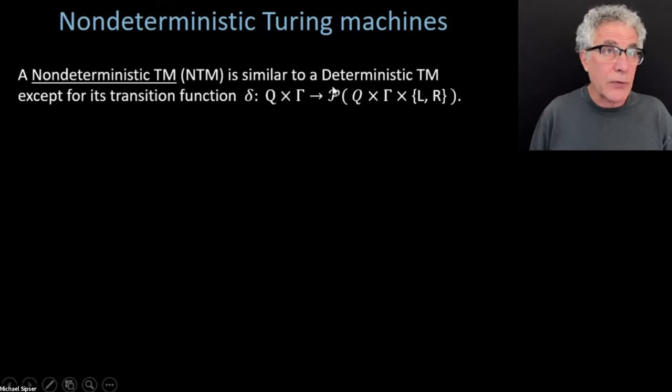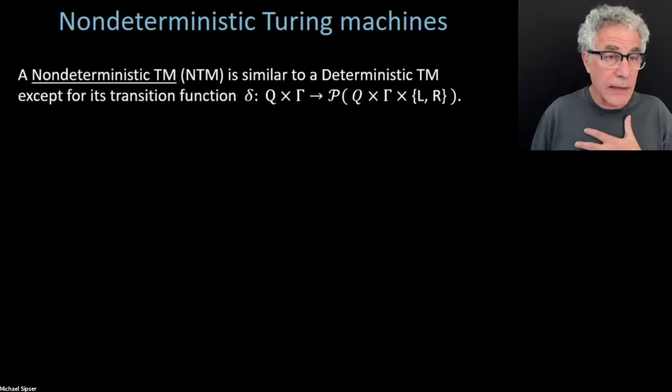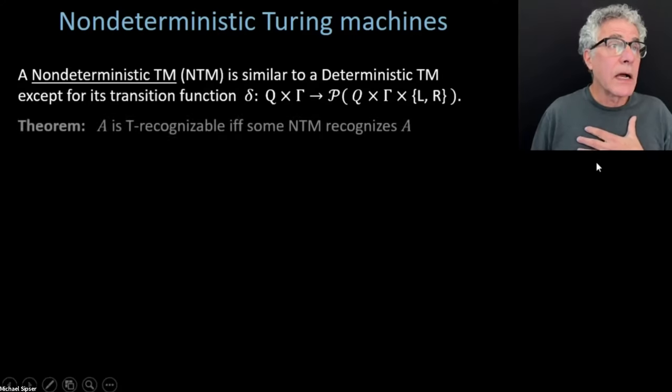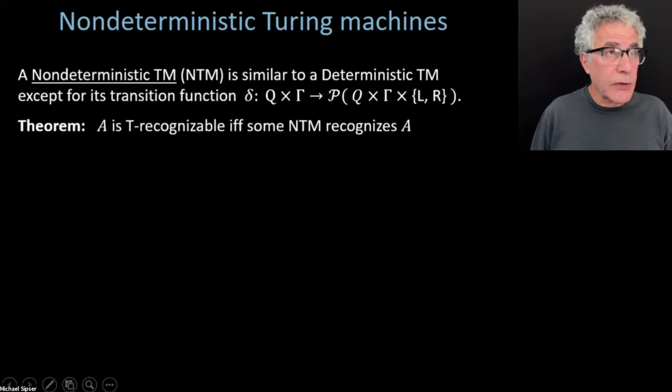So we represent that with this power set applied to the possibilities that the machine would have as the next step. Okay, now we're going to prove a very similar theorem: A is Turing recognizable by an ordinary one-tape Turing machine, which goes without saying, since that's how we defined it, if and only if some non-deterministic Turing machine recognizes that language.